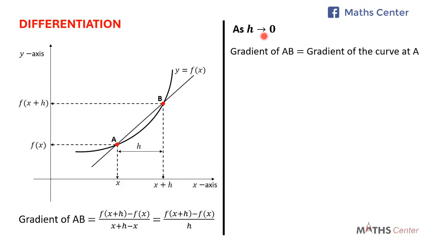As h approaches 0, the gradient of the line AB is equal to the gradient of the curve at A.